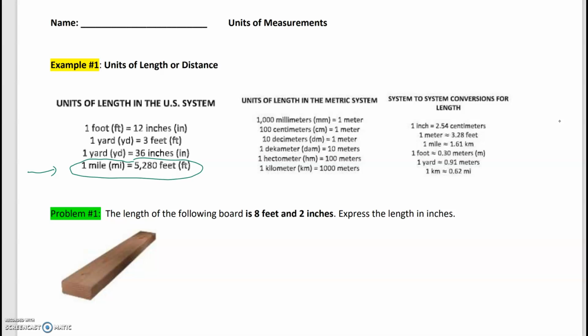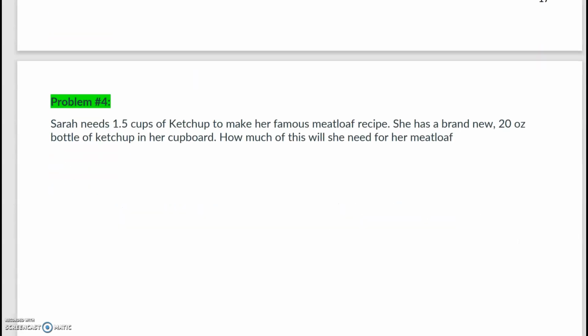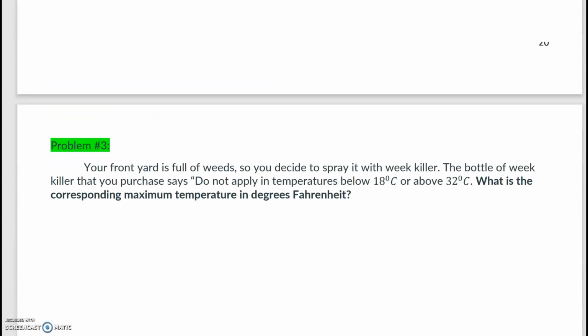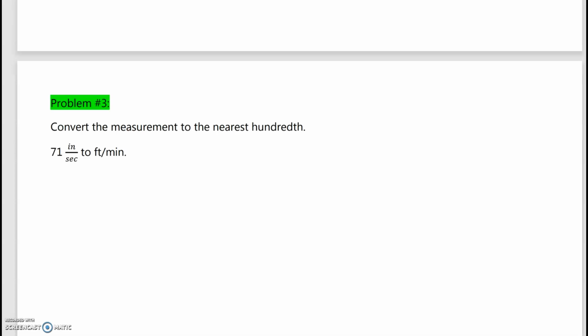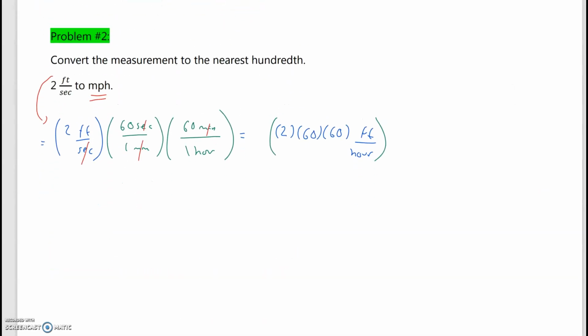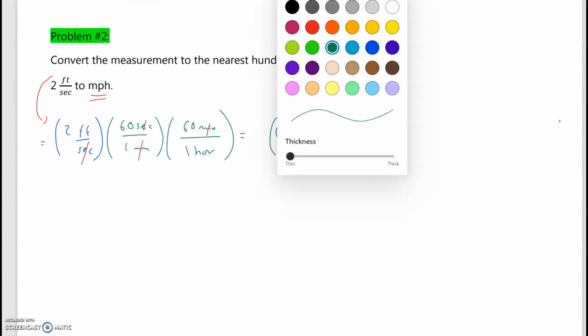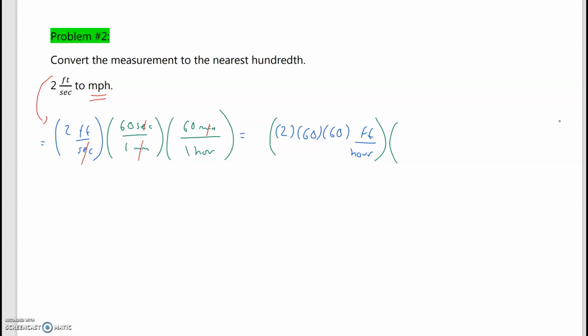Okay, so let me substitute that. We're going to be multiplying it by the denominator of 5280 feet, which is equivalent to 1 mile.